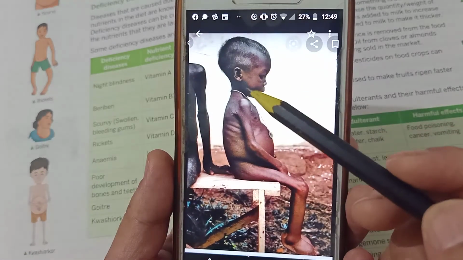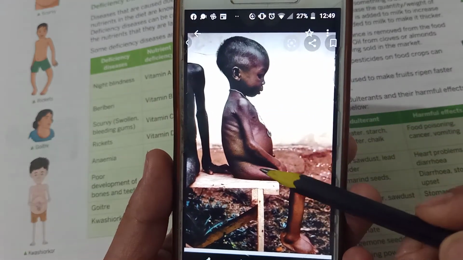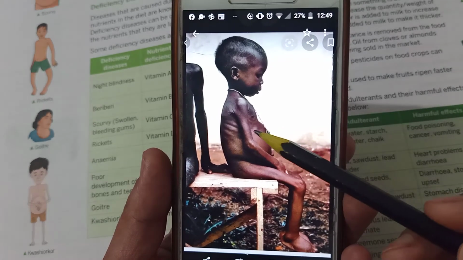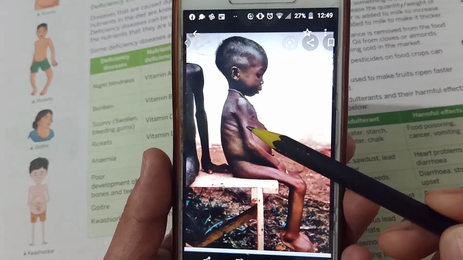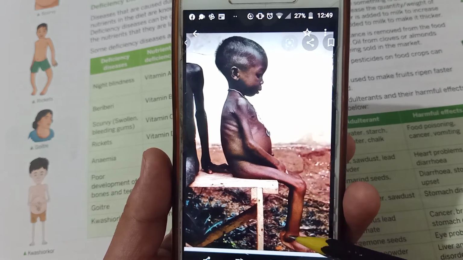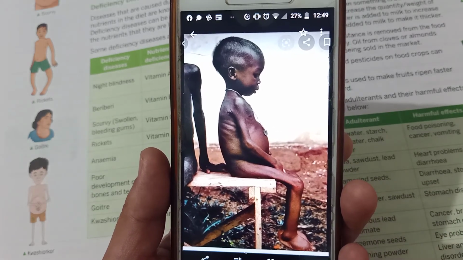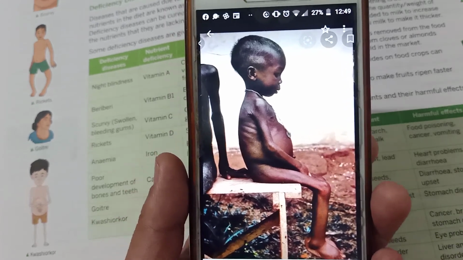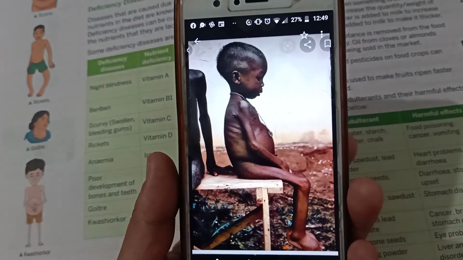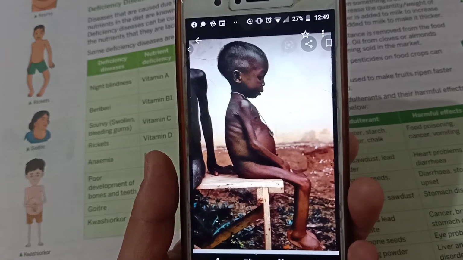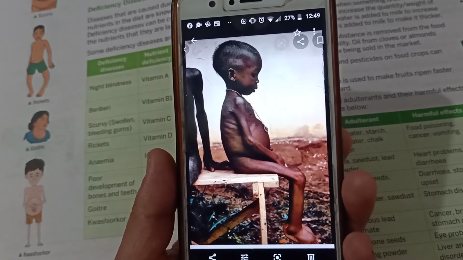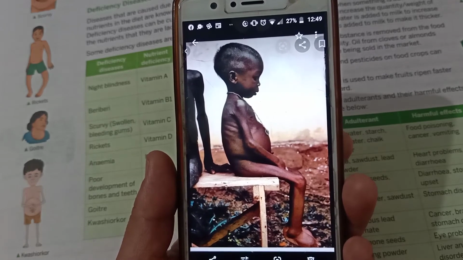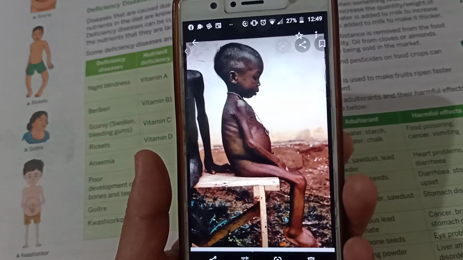Over here you can clearly see the condition of this little child. His belly is very big, protruding outside, but if you see his hands and legs, they are very weak, they don't have enough muscles. This condition is due to lack of protein, and this disease is very common in places where there is scarcity of food, or in places suffering famine.